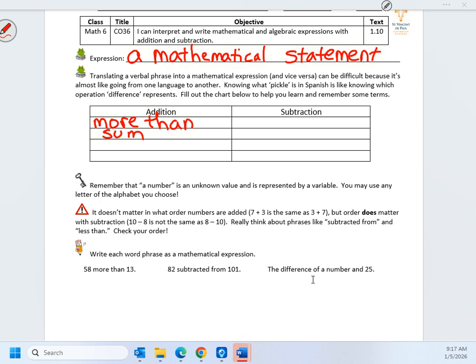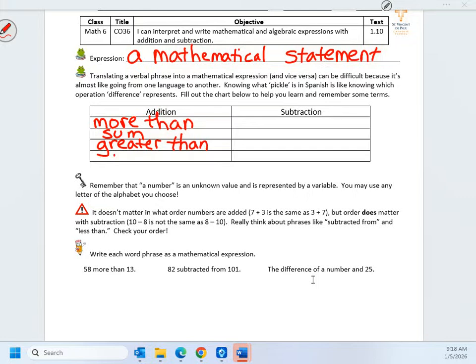What's another term that we've heard? Anybody over here have some thoughts? Go ahead. We could say more than, also greater than. Haley?